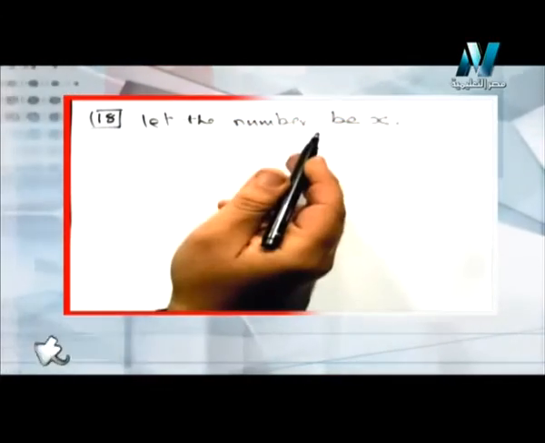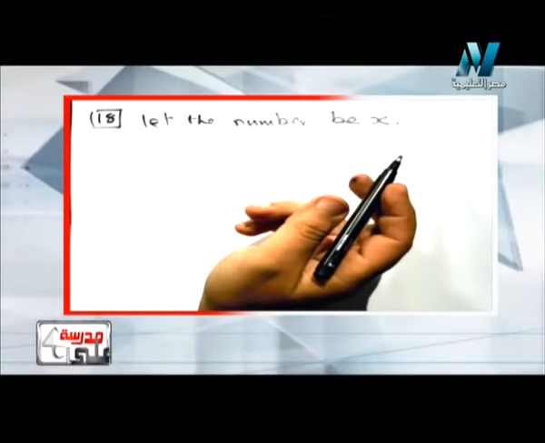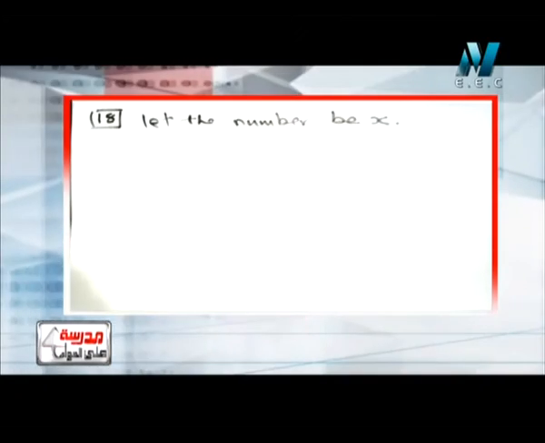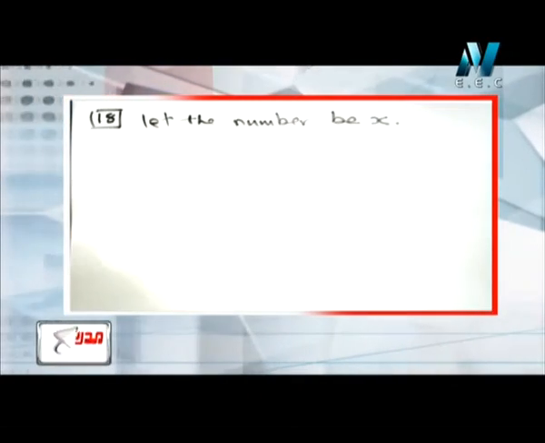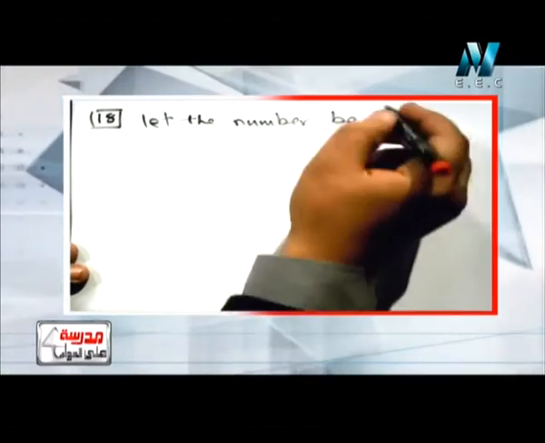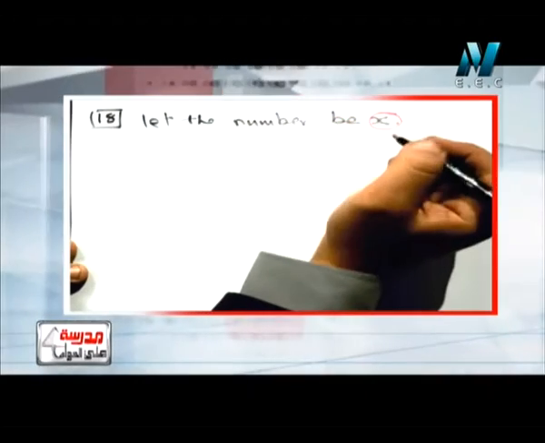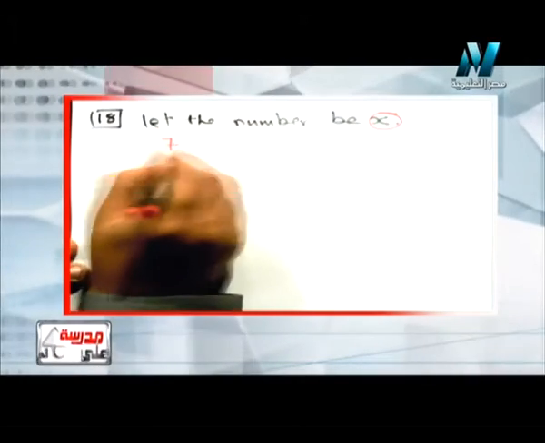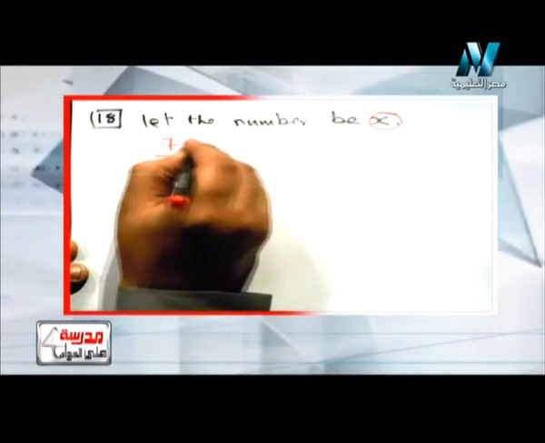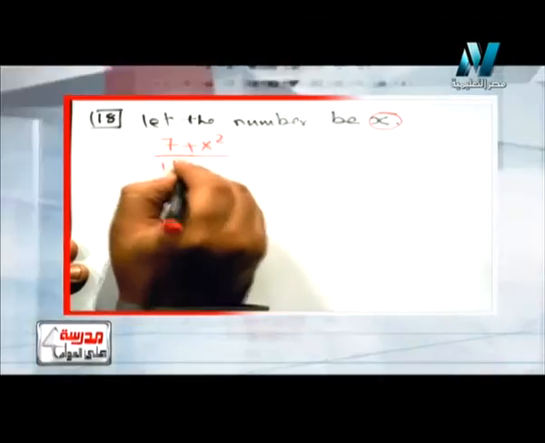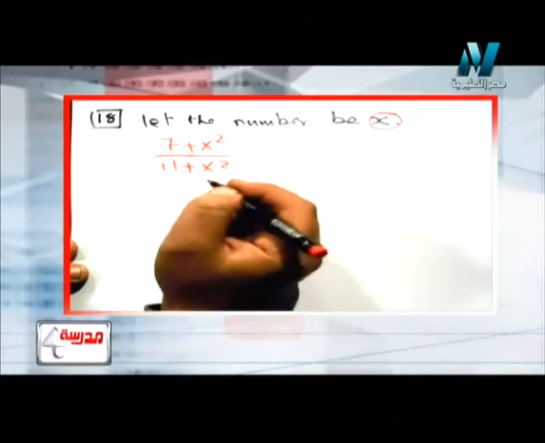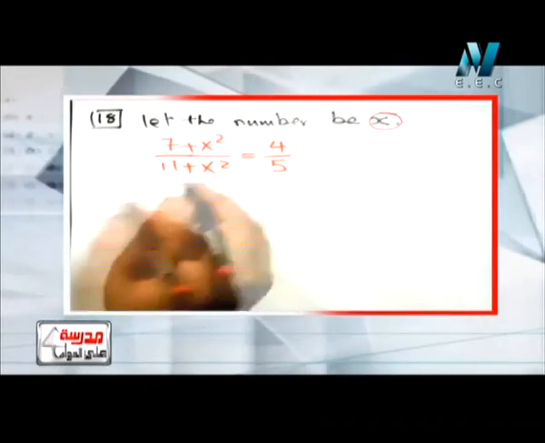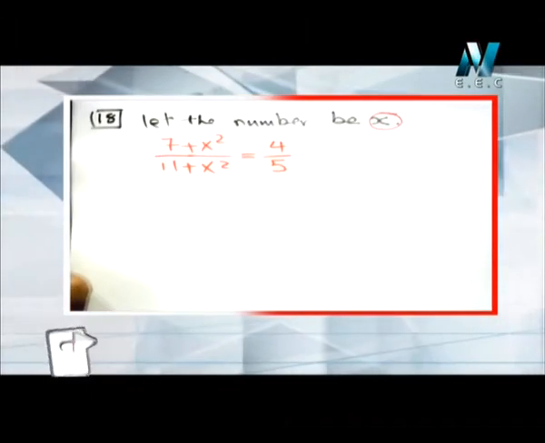This is the first assumption, because we have a positive number and we don't know what it is. If we add the square of this number, x squared, to the ratio 7 to 11, I have 7 over 11. If we add x squared here and x squared here, the answer will be 4 over 5. A proportion of 4 terms.